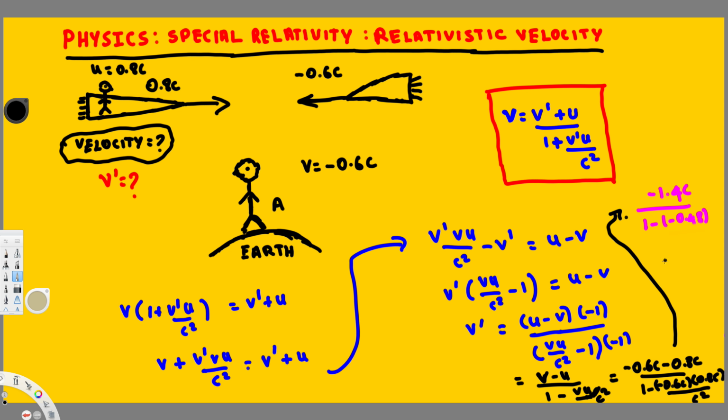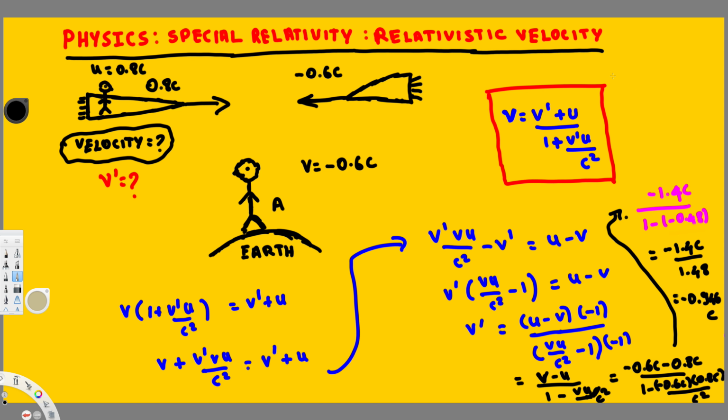Now it's easy to simplify. This is going to become negative 1.4 c over, this is going to become plus, right? Because 1 minus minus is going to become plus 1.48, and if you divide, actually it's negative because we have a negative on top, so this is going to be negative 0.946c.